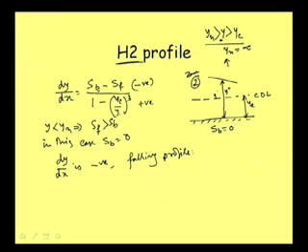Okay. So, our H2 profile is a falling profile, and then at downstream what will happen? At downstream, y is approaching the critical depth. So, it is just like our earlier discussion, y is approximately equal to yc.